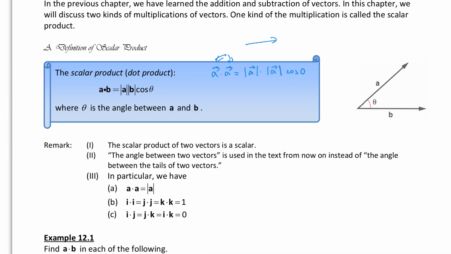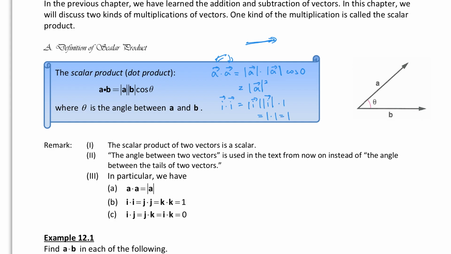So the angle between these two vectors is 0, cosine 0 is equal to 1, so A dot A is equal to magnitude A squared. How about I dot I? I is a unit vector, so magnitude I times magnitude I, they are parallel, times 1, and magnitude I is equal to 1. So 1 times 1 is equal to 1.